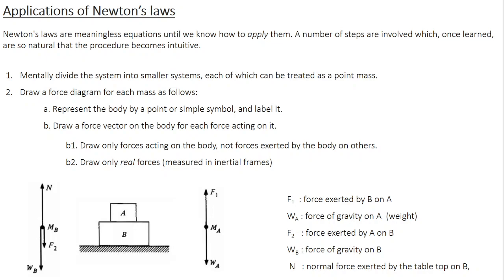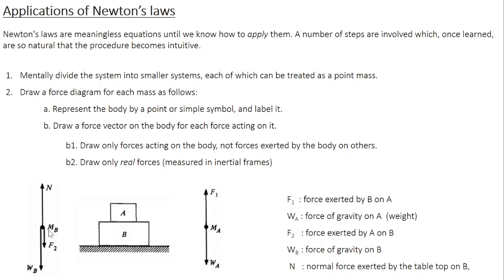By Newton's third law, an equal and opposite force will be exerted by A onto B, but as I said, you don't consider forces exerted by the body itself while drawing the force vectors, so you don't have to bother about that force. Then A has a finite mass, which means the force of gravity is going to act on it. In other words, there is a weight acting in the downward direction, so you call it WA. So this is the force diagram for point mass A.